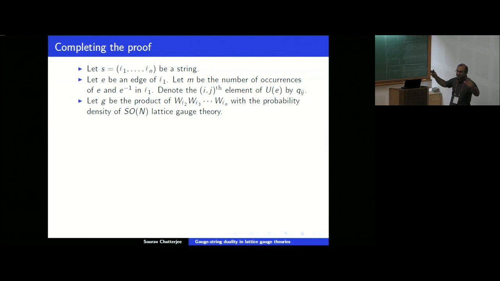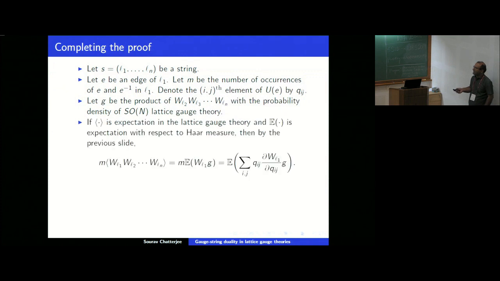So consider SON lattice gauge theory on a large box, not on the full lattice. There is a probability density. You take the product of the probability density and these Wilson loop variables, and let that be G. And let F be this W_L1.